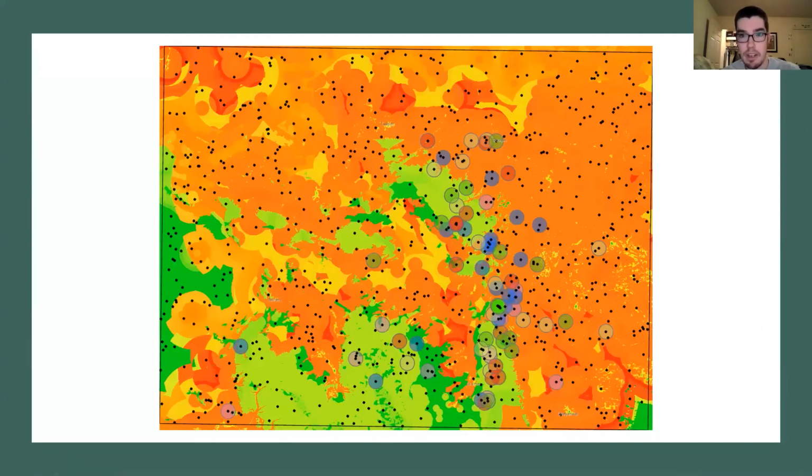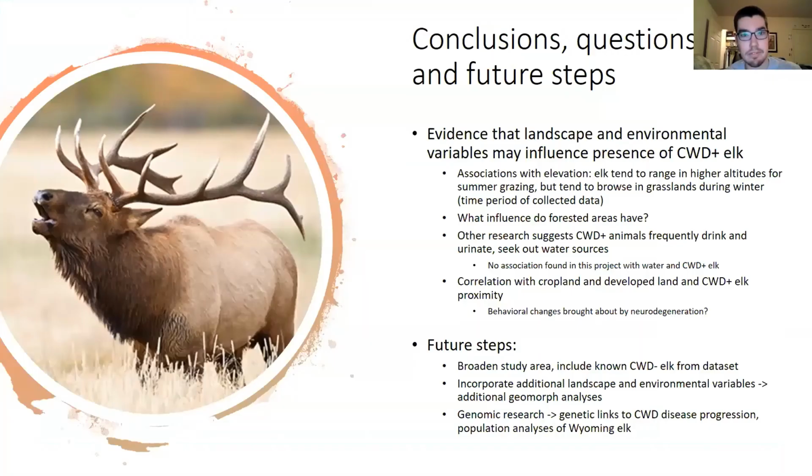This is the unified predictive raster layer for chronic wasting disease positive elk in Southeast Wyoming, which I thought was a pretty satisfying result. In terms of conclusions, questions, and future steps, there does seem to be evidence that landscape and environmental variables may influence the presence of chronic wasting disease positive elk.